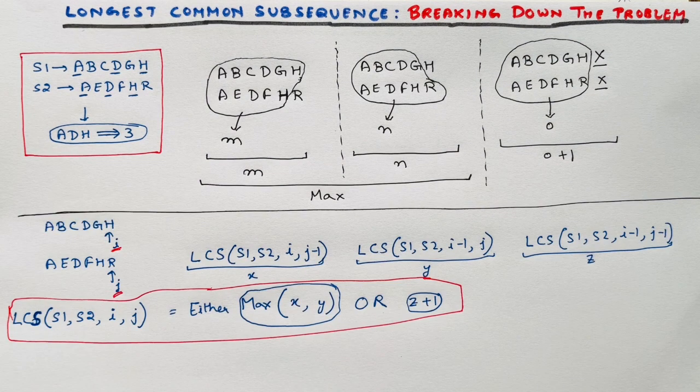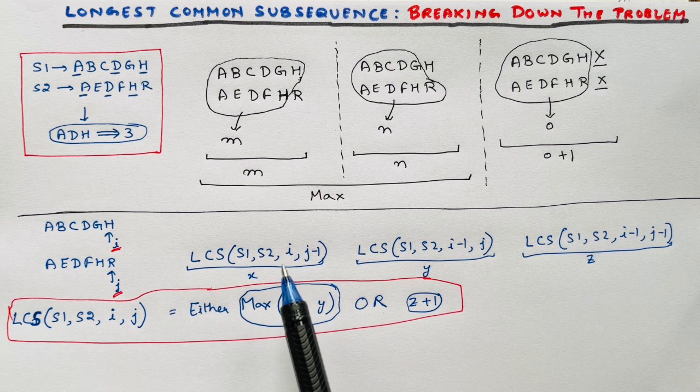Let's say we have two pointers i and j that point to the end of both the strings, from where we are shrinking the strings one by one. Now we can represent this bigger problem as LCS(S1, S2, i, j), where i and j represent the end of the strings. Then how will we represent this smaller problem?